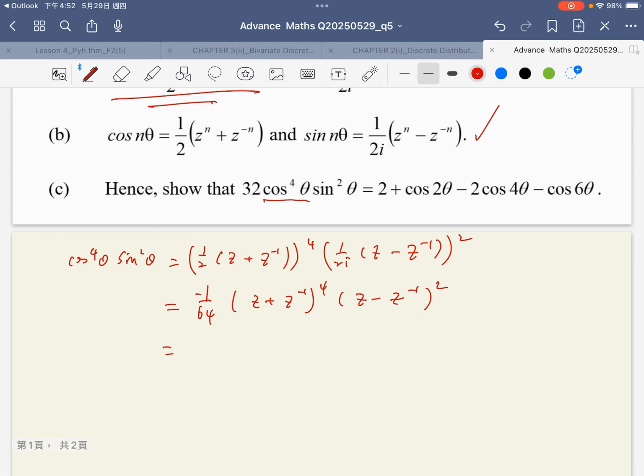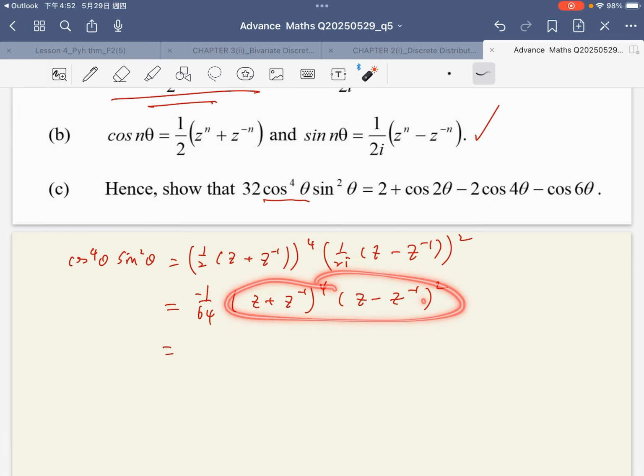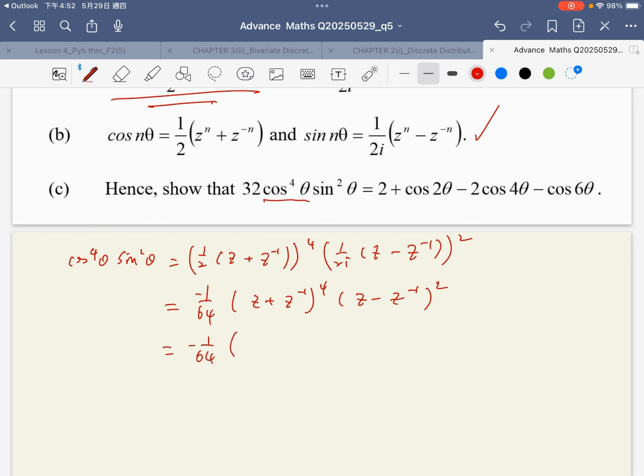I try to expand this polynomial, but it looks very complicated. I try my best to do that.